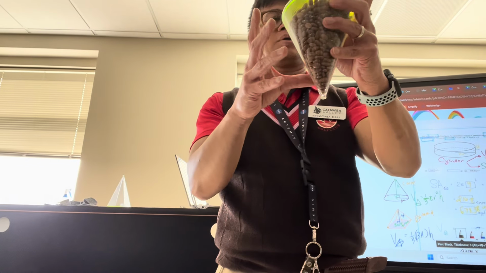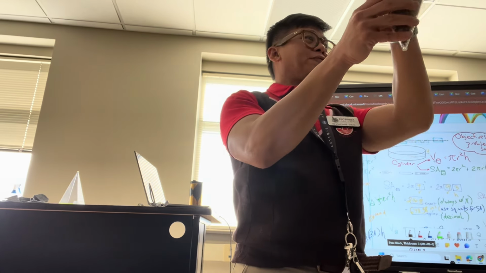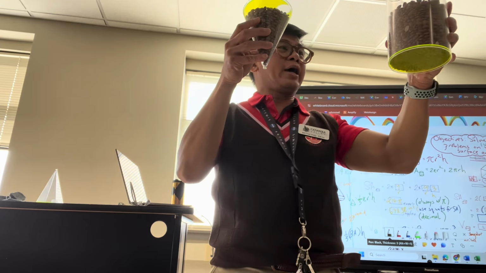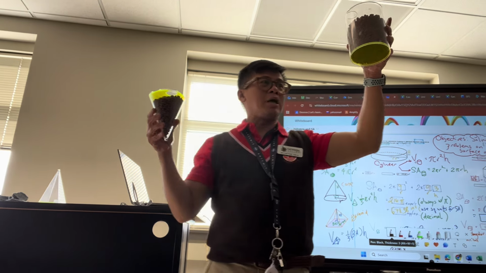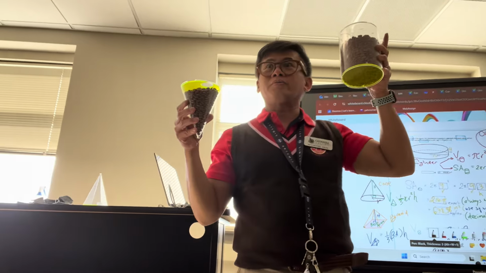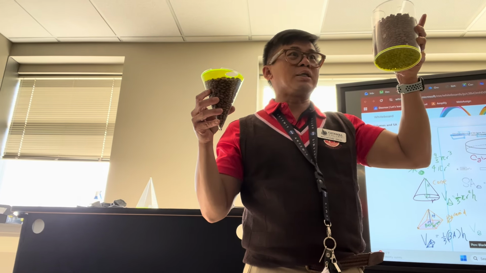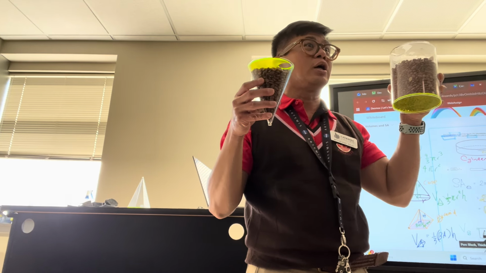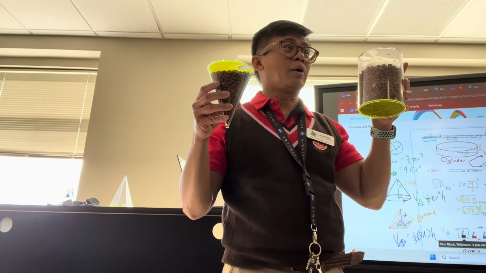In a perfect world, if this cone is filled with this, what can you say about the remaining beans in this cylinder? How many beans are remaining? What portion of the whole cylinder of beans will it be?